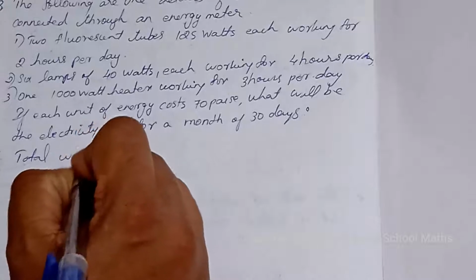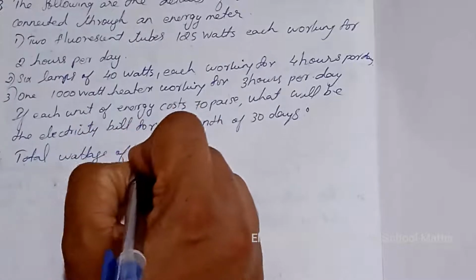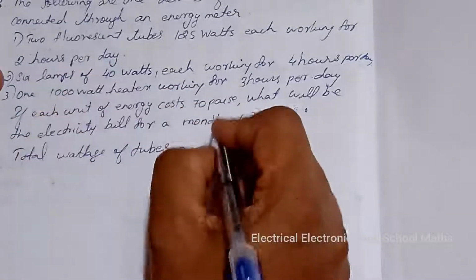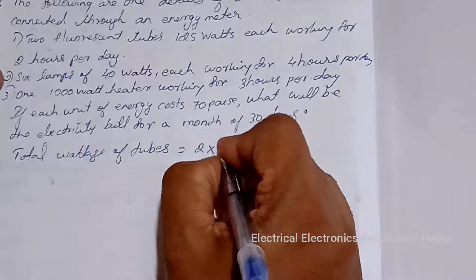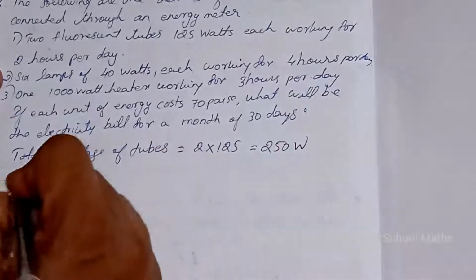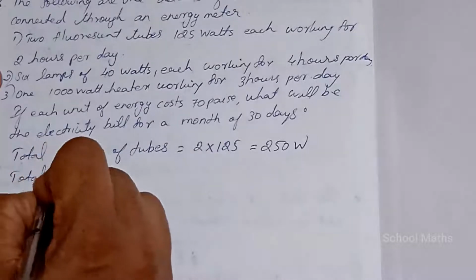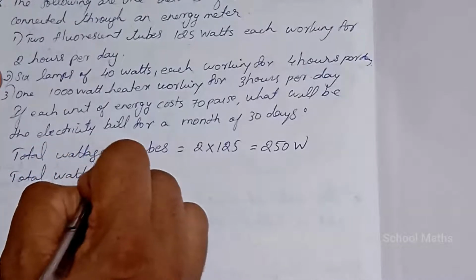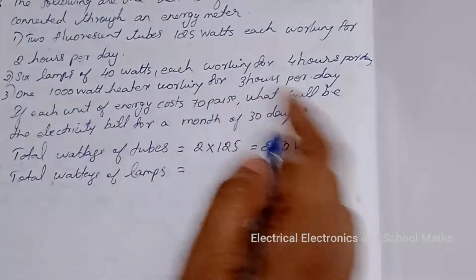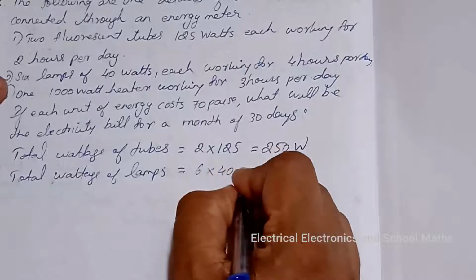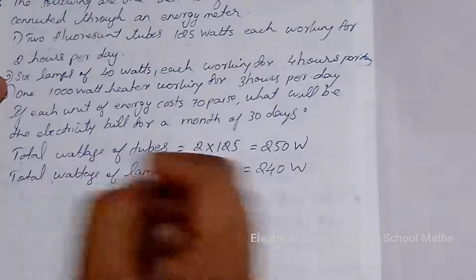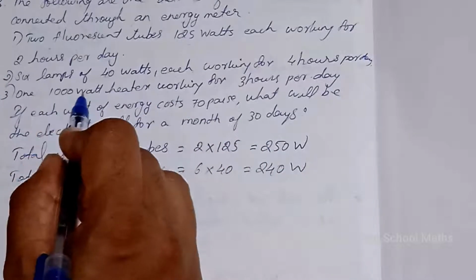Total wattage of tubes is equal to 2 fluorescent tubes of 125 watt, so we get 250 watt. Next is total wattage of lamps, 6 lamps of 40 watts, so we get 240 watt. And 1000 watt heater.